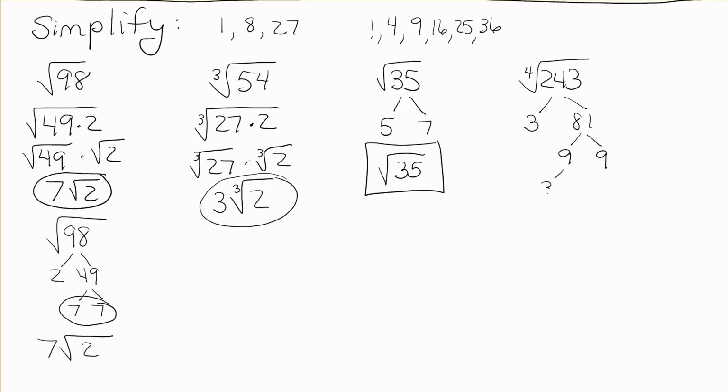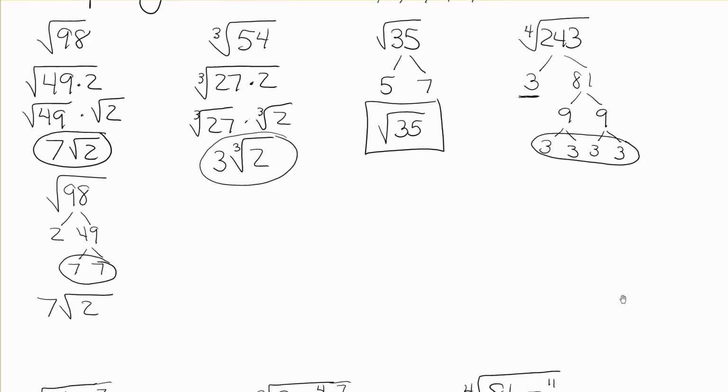So let's factor our 9s down into their prime factors. I'm looking for a perfect group of 4, and I found it right here. I still have a 3 up here. So when I reduce this and simplify it, I will pull 1 3 out of my perfect group of 4, but the other 3 remains under my 4th root symbol.